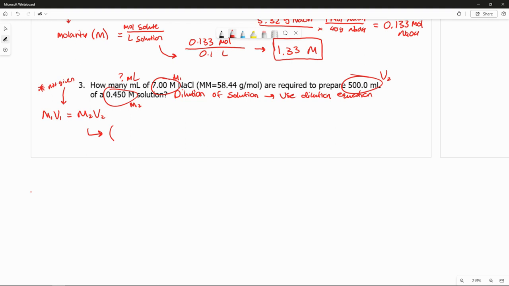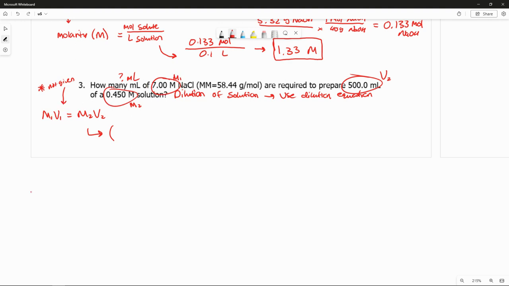Make sure that your starting units in milliliters and your ending units in milliliters match, and that the molars of course match. When we have this scenario, we do not have to convert to liters, as we're going to give an answer in milliliters as well. M1, we are looking for the volume 1.